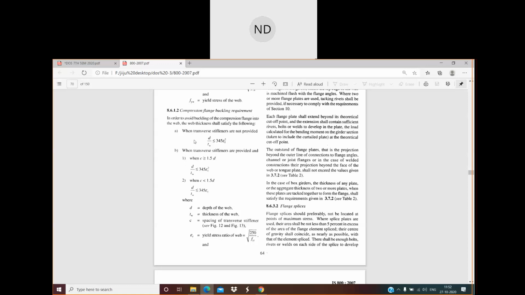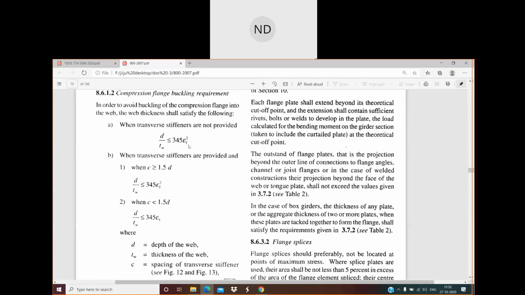So here, when transverse stiffeners are not provided, this is for when provided, but we have not provided stiffeners in this question. So d by tw shall be less than or equal to 345 epsilon f square.